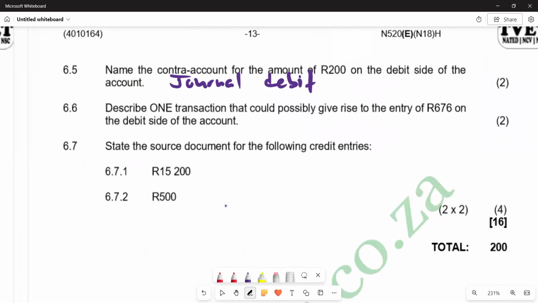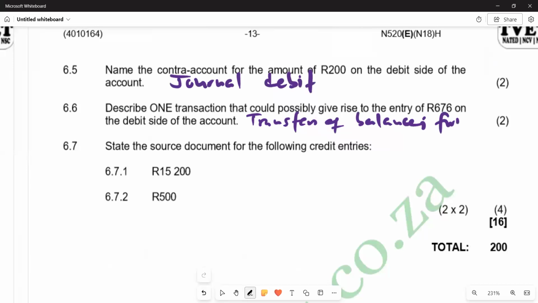Transfers of balances from debtors to creditors ledger. And in this case, obviously, it's from the debtors ledger. So this is what we have.